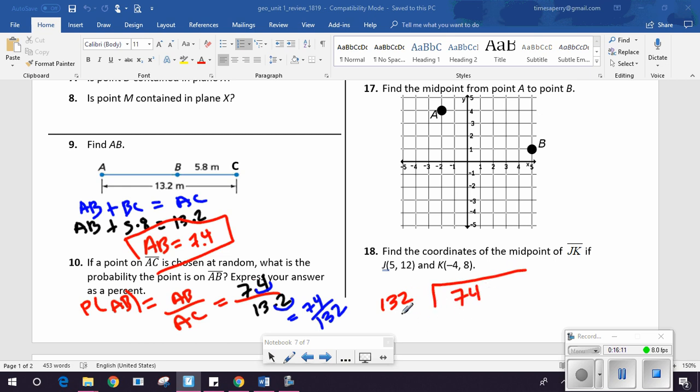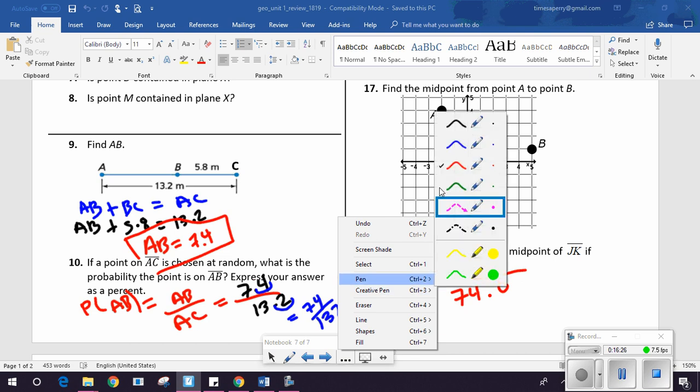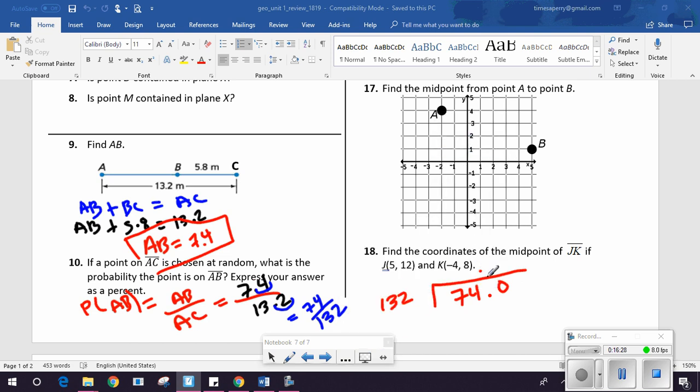Obviously, 132 doesn't go into 74, so we put our decimal point and 0. And now I know that I've got to figure out how many times 132 will go into 740. So I know the leading term is a 7 and over here a 1. So most likely it's going to be 7 times.